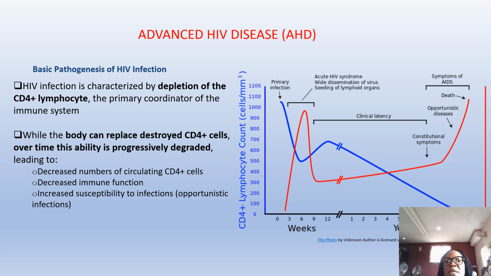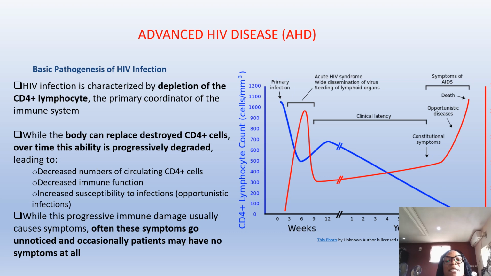While the body can replace destroyed CD4 cells over time, this ability is progressively degraded, leading to a decrease in the number of circulating CD4 cells, decreased immune function, and susceptibility to infections. We call these opportunistic infections because they occur at the lowest ebb of the body's immune system. They don't usually come to an immunocompetent individual.